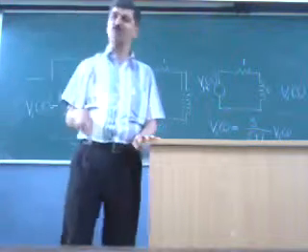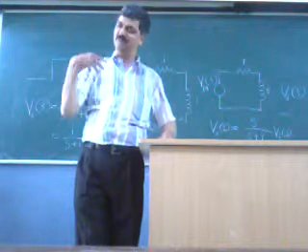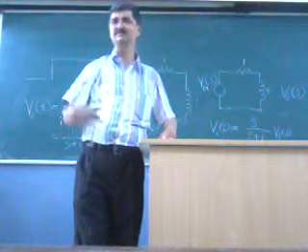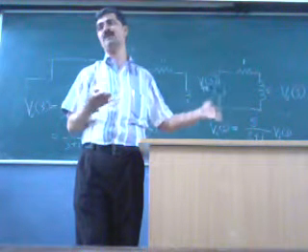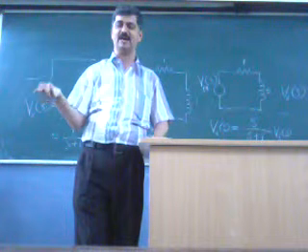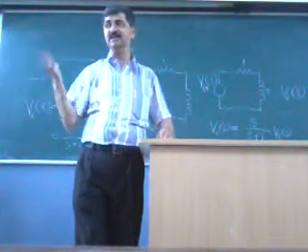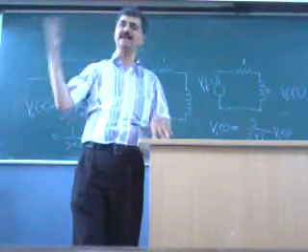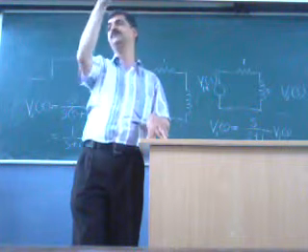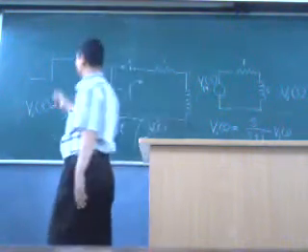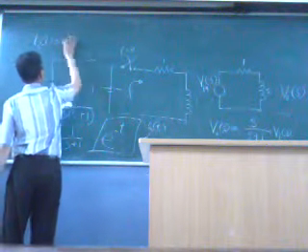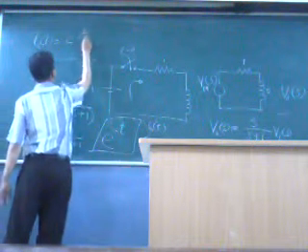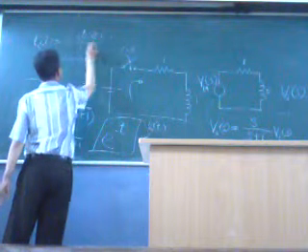So if it is so, I can write the impedance of the capacitor as 1 upon Sc and the impedance of the inductor as Sl, because straight away I have the differential relationship. What is the relationship for the capacitor? For the capacitor, the relationship is like this: iC(t) is equal to C dvC(t) upon dt.